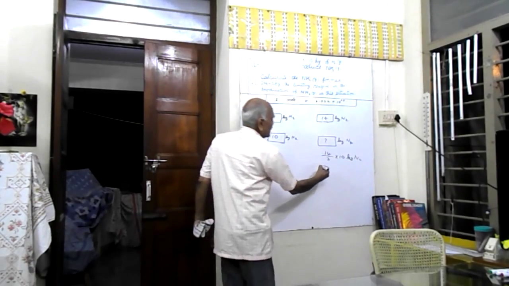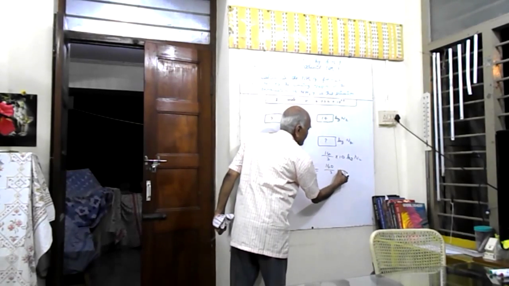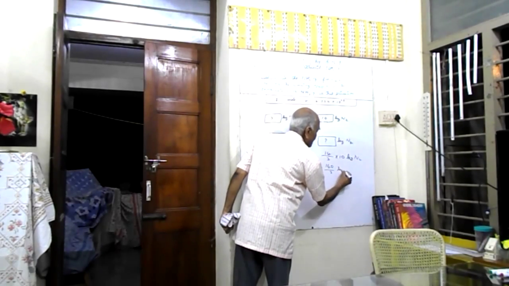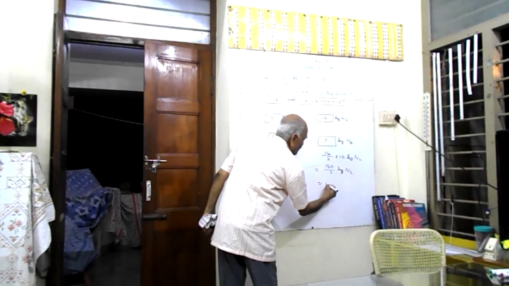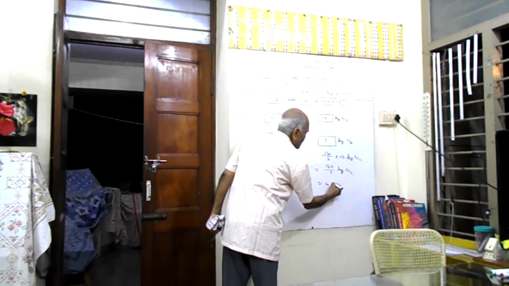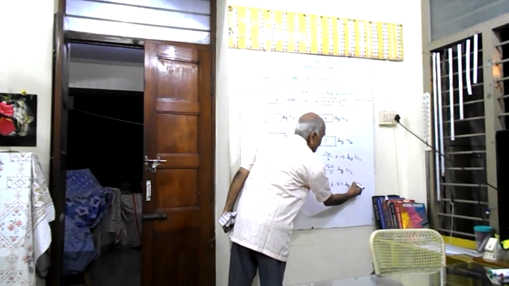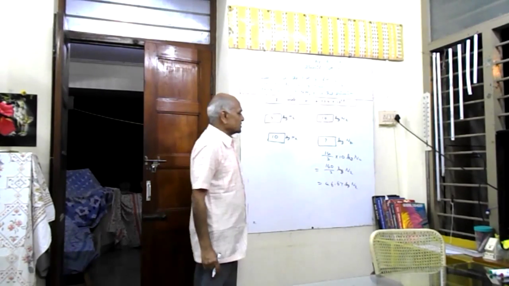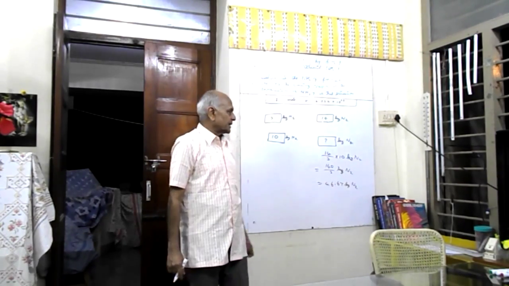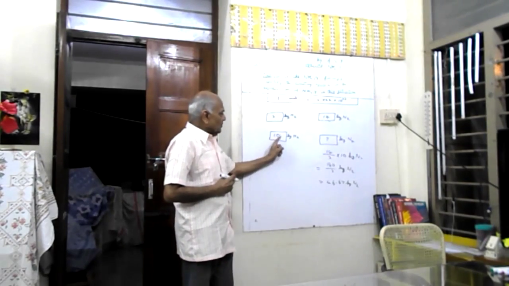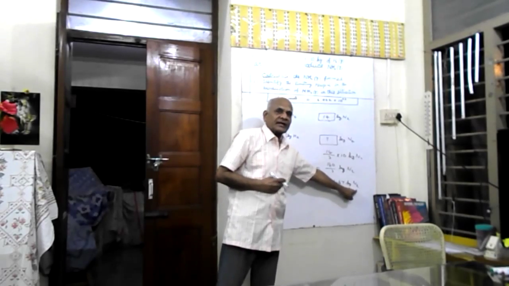How much is this? This will be 46.67 kilograms of nitrogen required. 10 kilograms of hydrogen will combine with 46.67 kilograms of nitrogen.